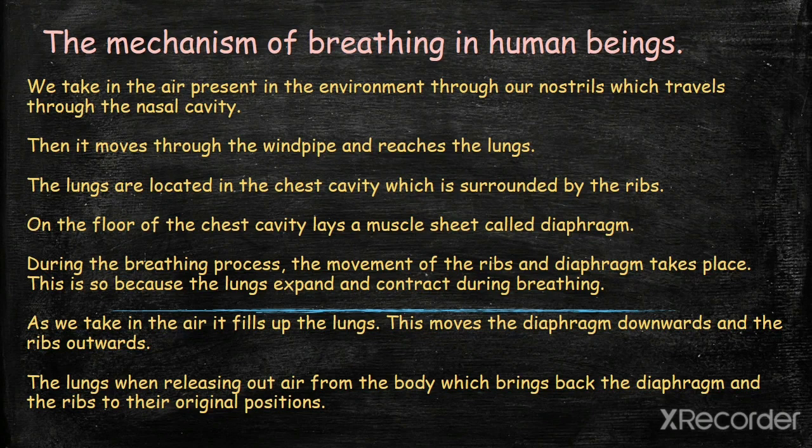During the breathing process, the movement of the ribs and the diaphragm takes place. This is so because the lungs expand and contract during breathing. As we take in air, it fills up the lungs. This moves the diaphragm downwards and the ribs upwards, as we have seen in the previous slide. When the lungs release air from the body, the diaphragm and the ribs return to their original positions.